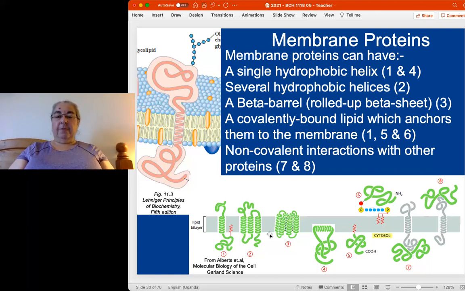So there are a number of different ways that membrane proteins can stay associated with the membrane, but all to do with hydrophobic and hydrophilic interactions.